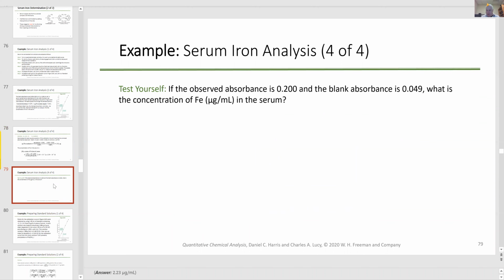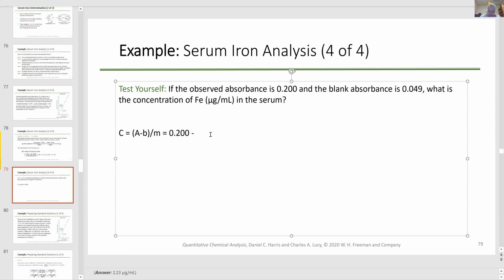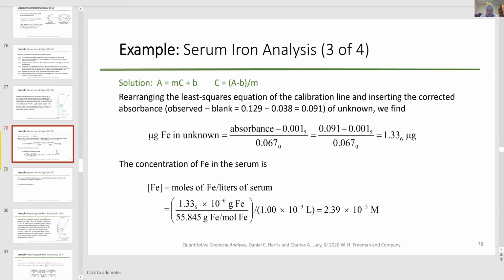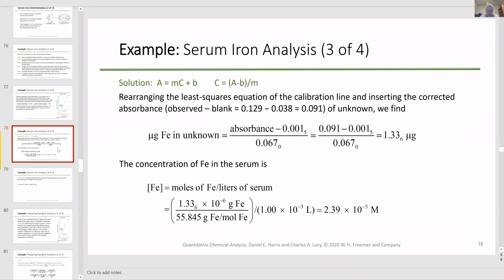So if we got an absorbance of 0.2, then the way we would do this is we would just say C equals A minus B over M equals 0.200 minus 0.015 over 0.067.